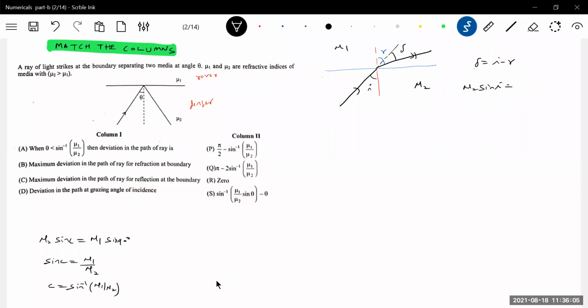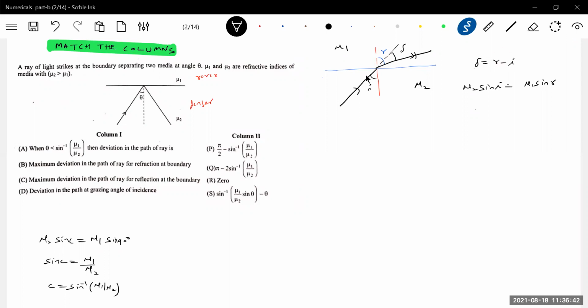Mu2 sin I equals mu1 sin r. R is the angle of refraction. No, deviation will be R minus I, sir. Sorry, deviation is R minus I. It's moving from denser to rarer.